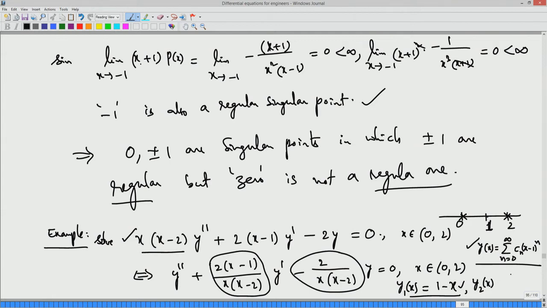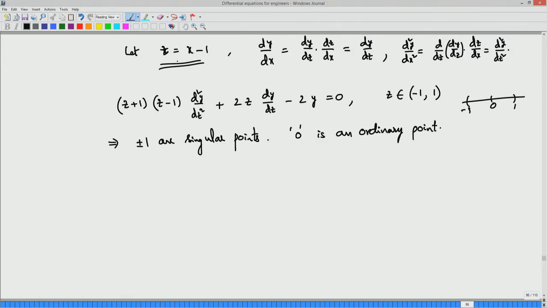Now x minus 1 is your z, and the corresponding equation has y1 of z equal to minus z, or plus z, because it is a homogeneous equation. If you substitute, d square y1 by dz square is 0, so that part will not contribute. You can see that this is the solution just by looking at 2z dy by dz, which is minus 1, minus 2 times y, which is plus z, minus z.